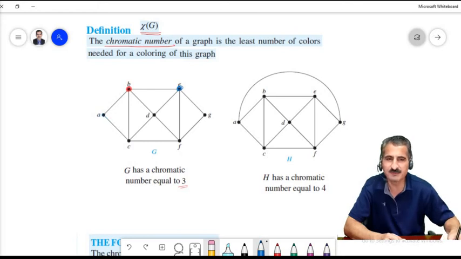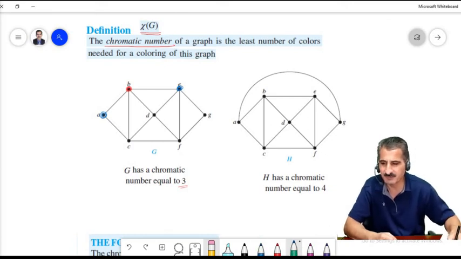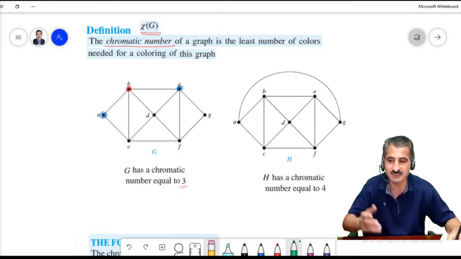Yes, because it is not adjacent to E. I already gave blue to E, but I cannot color D with blue. So I cannot color D with red because it is adjacent to blue and red. I will give it green.